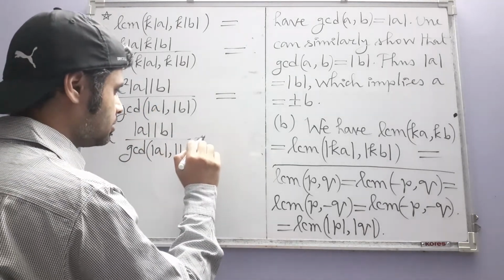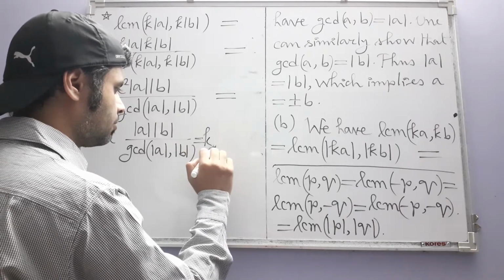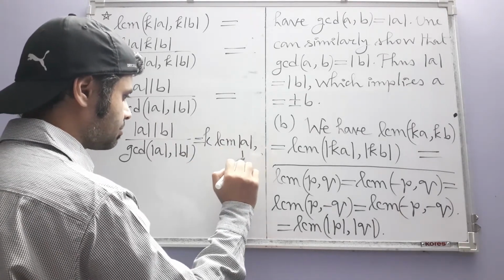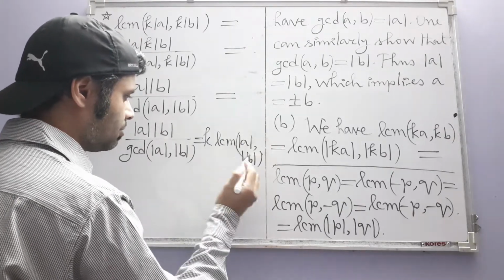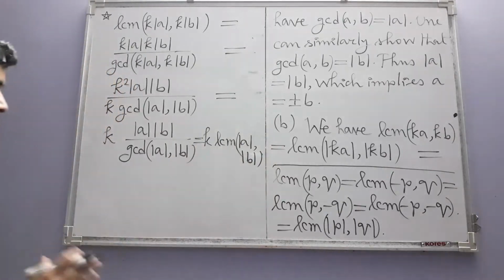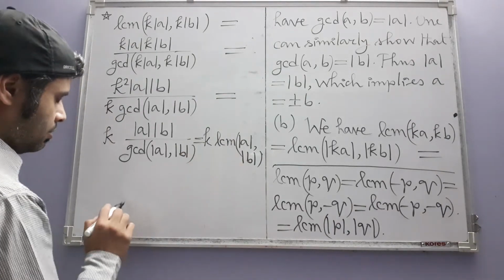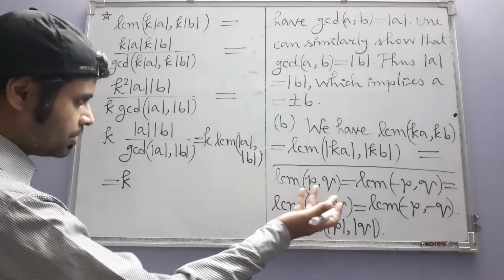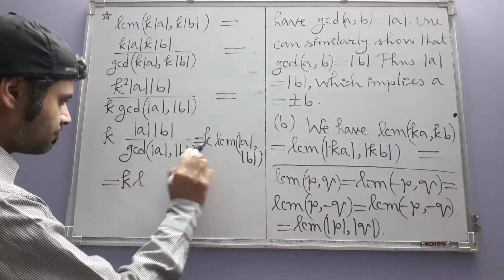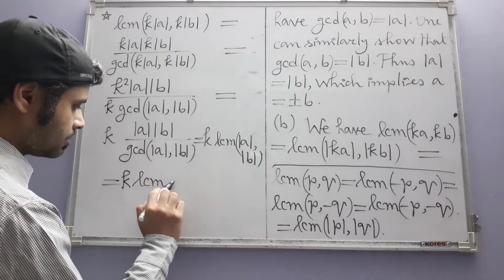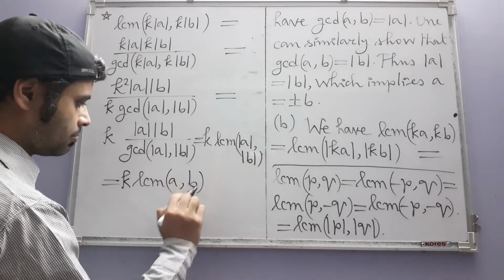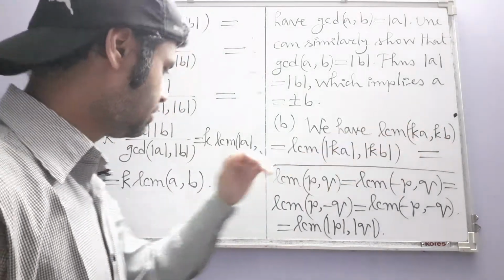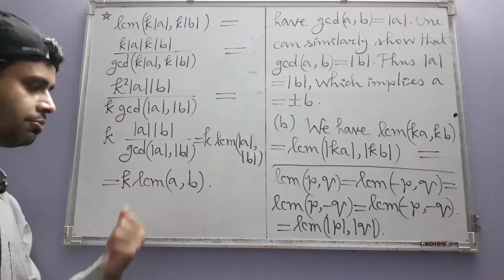So the quotient itself will be LCM of absolute value of A and absolute value of B. I know it looks very bad, but let me just use this space. And again, because of these things, in place of this LCM, you can write LCM of A and B. So this gives you part B, that LCM of KA and KB is K times LCM of A and B.